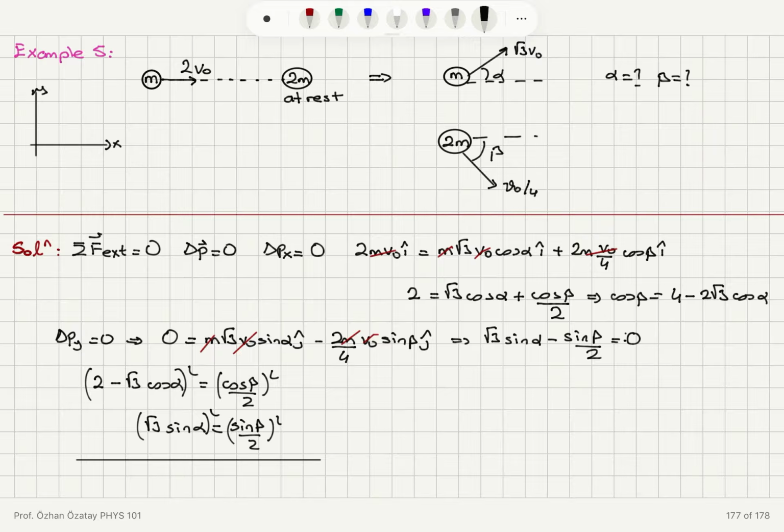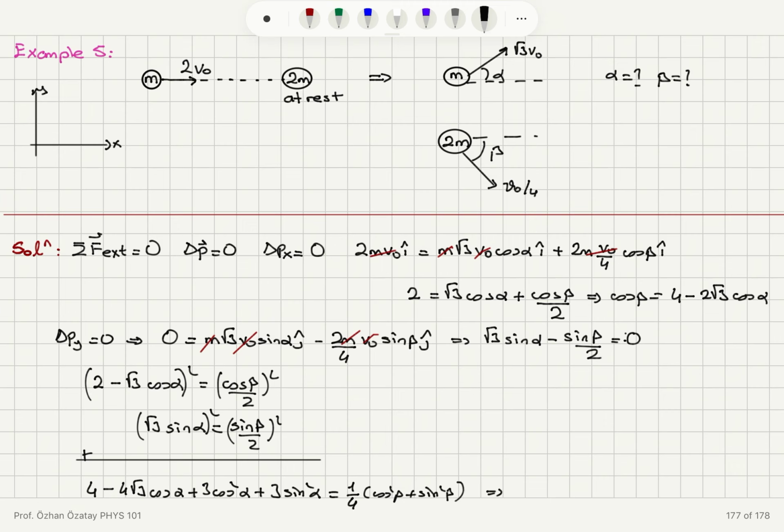I add these two equations to find 4 minus 4 square root 3 cosine alpha plus 3 cosine square alpha plus 3 sine square alpha equals 1 over 4 cosine square beta plus sine square beta. Cosine square plus sine square is 1.